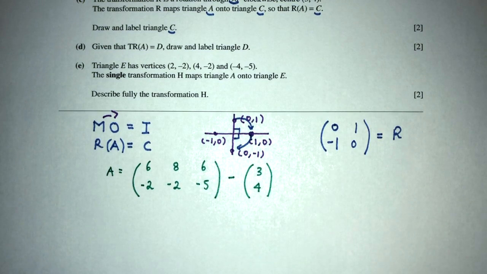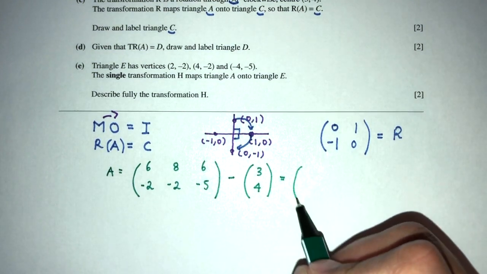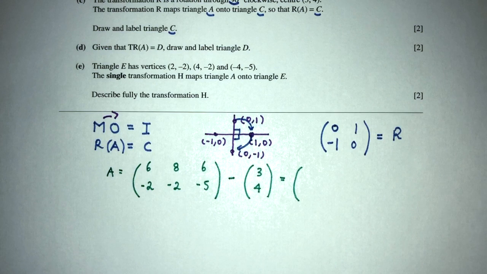That's the first thing I can do. So that I will have the new points, which is going to be rotation on that center O. Rotation, not reflection. So let's do that first.